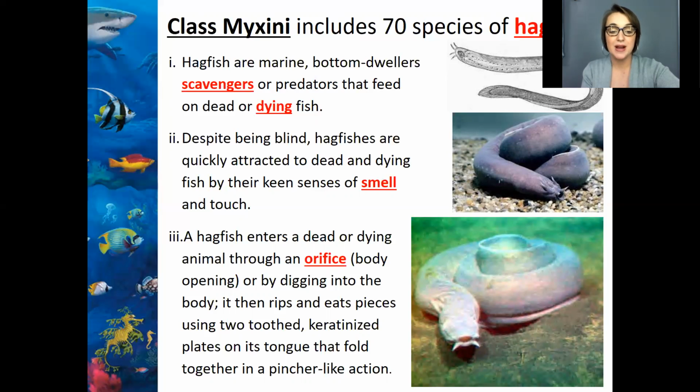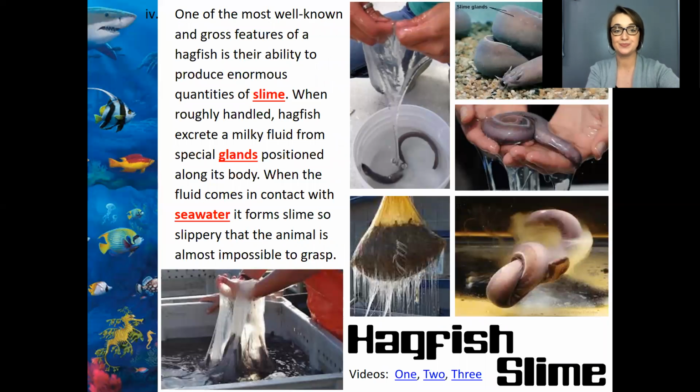And they'll dig into the body and eat pieces with their toothed plates on their tongue. So again, they don't have jaws, they can't chew. So instead, and I have a picture of the inside of their mouth, I'll show you in a bit, they just have this plate type face with these teeth, and the tongue actually has like a little pincher at the end of it. So really gross creatures.